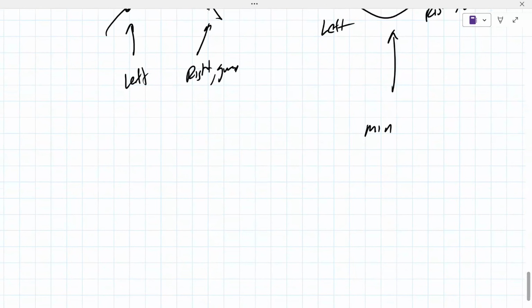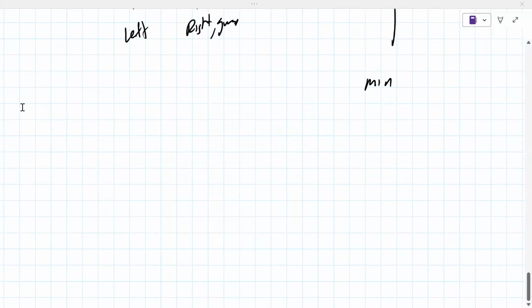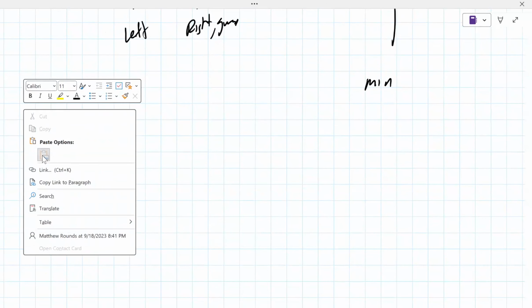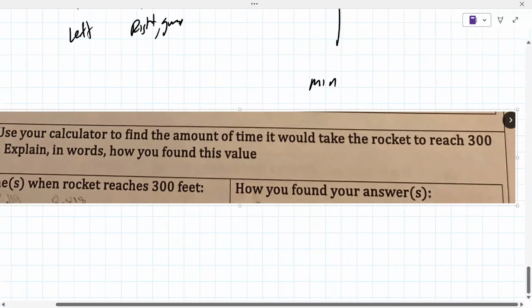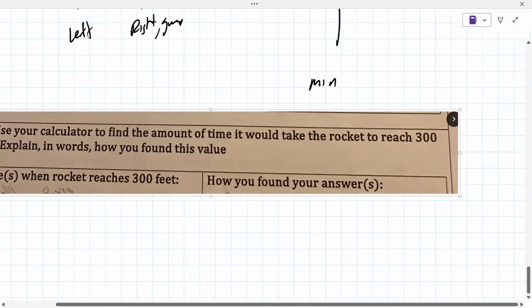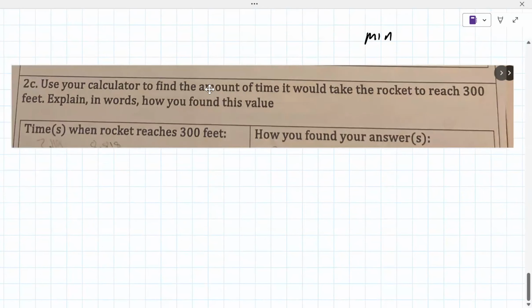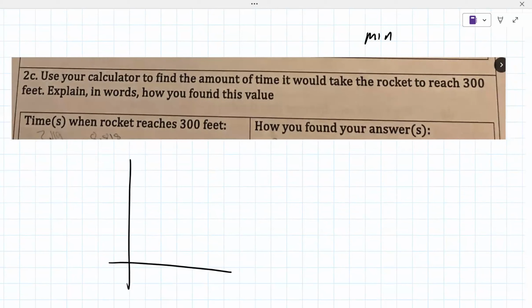To do part 2C, we're going to go back to the calculator. The question is, use your calculator to figure out how much time it would take the rocket to reach 300 feet. We didn't do a great job of labeling the graph, but this is time and this is feet.